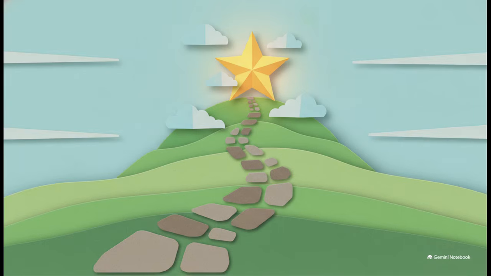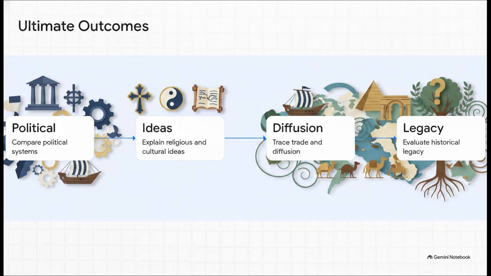So, where does this all lead us? Let's check out the 4 ultimate student outcomes. I really want to reiterate this. You won't just be passively memorizing dates. By the end of this school year, you're going to master 4 key analytical steps. 1, you'll be able to confidently compare different political systems. 2, you'll be able to explain complex religious and cultural ideas. 3, you can trace how trade and ideas diffused, spread like wildfire across oceans and continents.